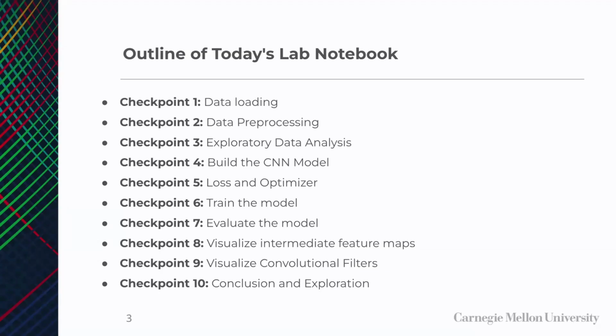Checkpoint number 5 is about loss and optimizer. Checkpoint number 6 is about training the model. And then we continue with the evaluation of the model. And then we visualize the intermediate feature maps. Checkpoint 9 is about visualizing convolutional filters. And the last one is about conclusion and exploration.